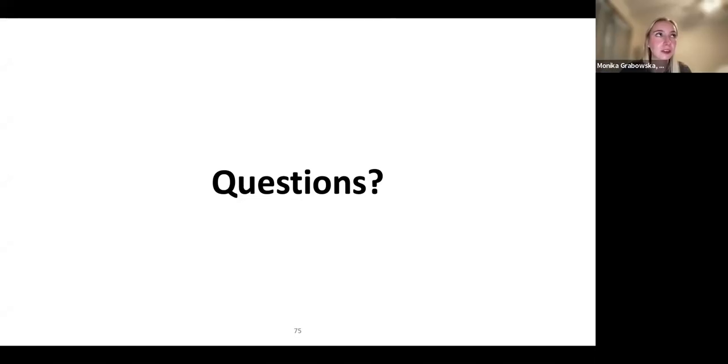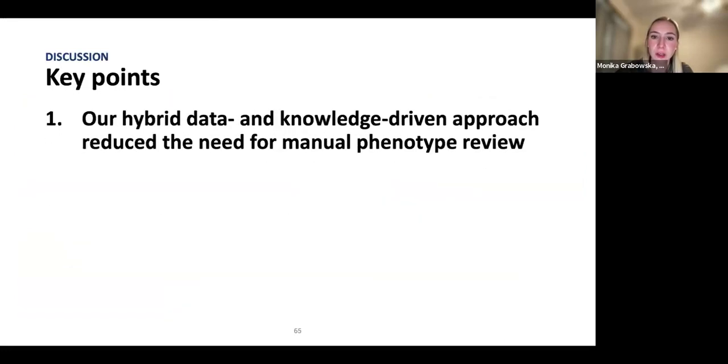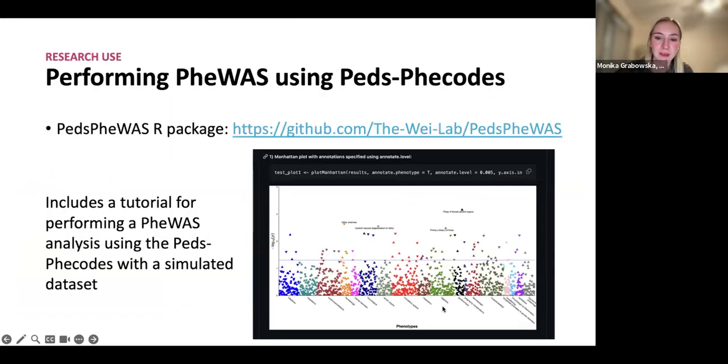Yeah, definitely in terms of defining phenotype cases for GWAS, or even for performing phenome-wide association studies where these Phecodes are on the x-axis, and looking for phenotypes that are enriched with a SNP or polygenic risk score or whatnot. But definitely, even in terms of just identifying patients that have a particular phenotype, you can use the pediatric Phecodes.